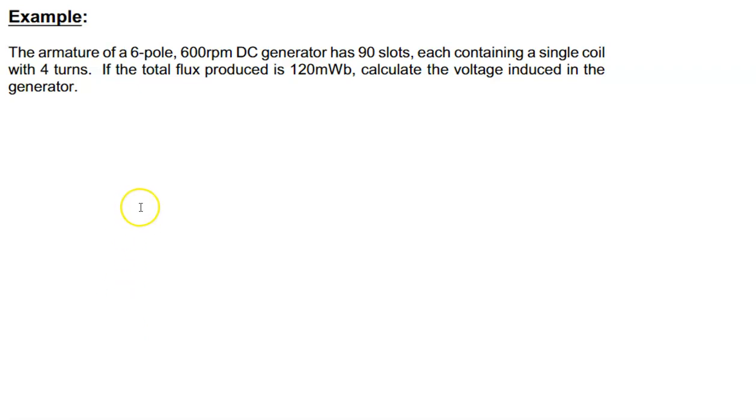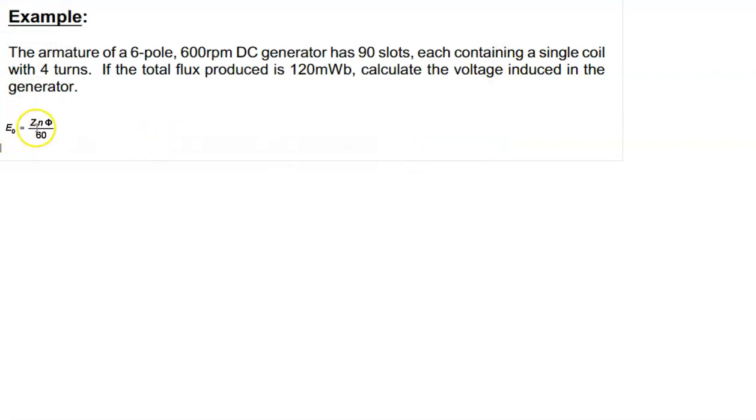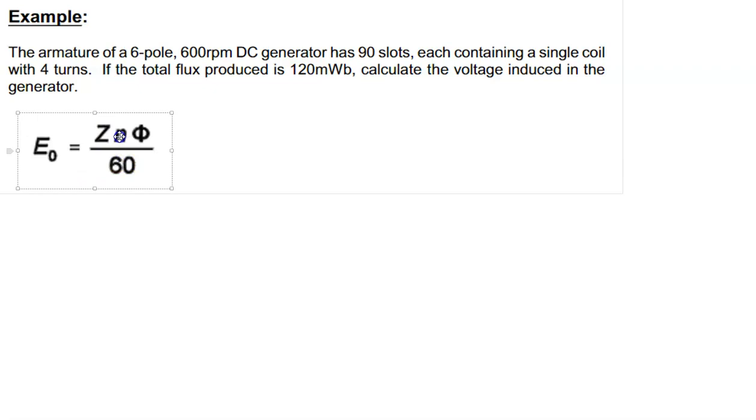So we know that the voltage induced in the generator is given by this equation here, and before we can use it, we need to calculate Z, which is the number of conductors on the armature.